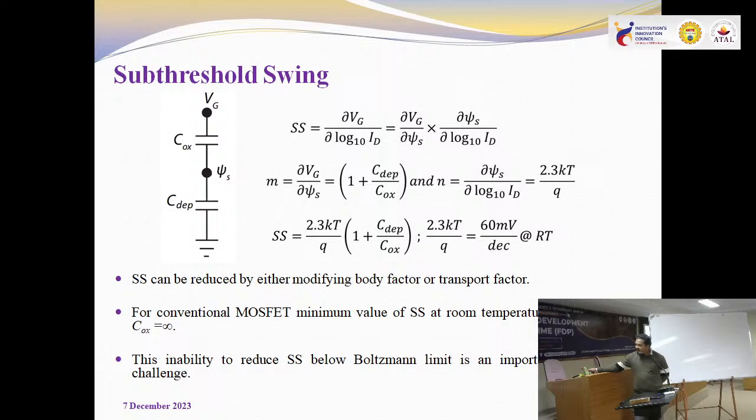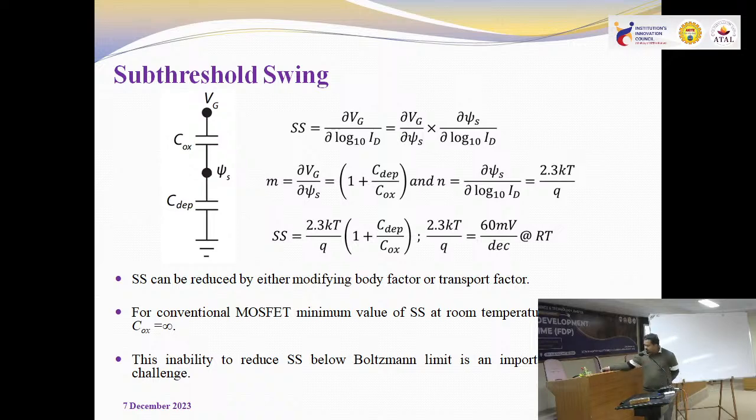Here K is the Boltzmann constant, T is the temperature, and Q is the electronic charge. If I put these values in that equation, it comes out to be around 59.9, so approximately I have taken it as 60 millivolt per decade.